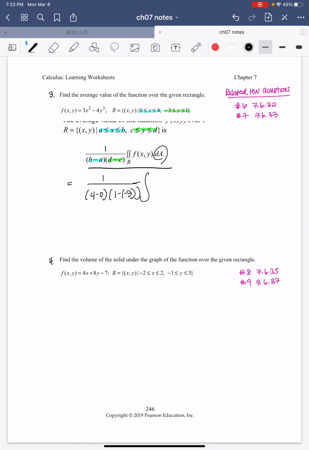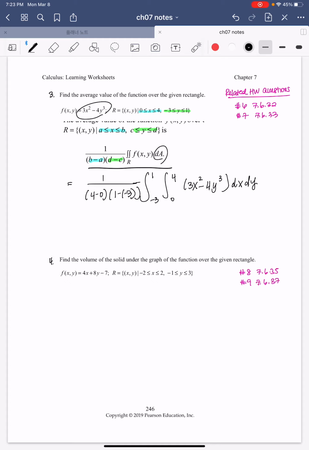So I want to do this order. So I will iterate it. So negative 3 to 1. So dy is the second one, and then the x one is the first one. And my function is 3x squared minus 4y cubed dx dy.